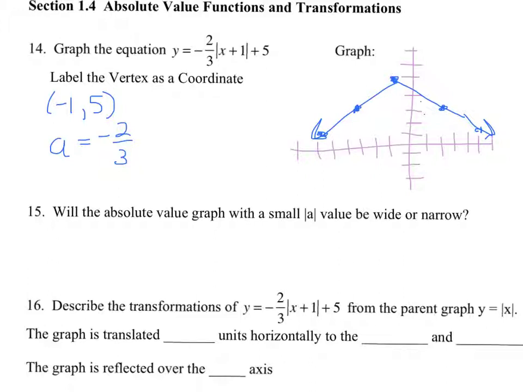And our answer is a wide graph. When we have a fraction for a slope, we get a shallower line or a wider graph for the absolute value. If we had an a value of something like 3, we would have a very narrow absolute value graph.